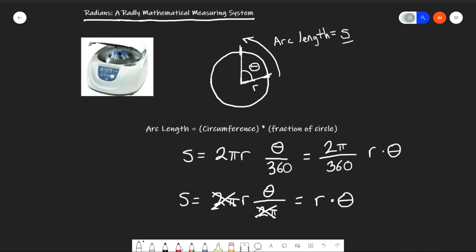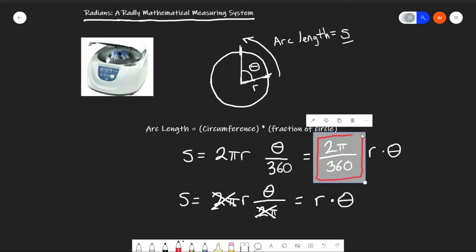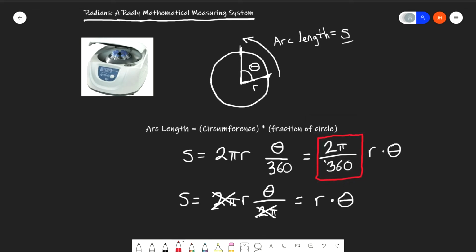And beyond arc length, in tons and tons of applications of angles and trigonometry, this 2 pi over 360 fraction just keeps reappearing whenever we're working in degrees. Especially in a really terrible way in calculus, when you work with trigonometry, you end up getting this fraction reappearing over and over and over. It's kind of a little bastard.